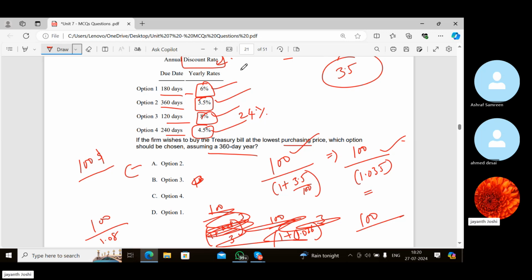The discounting should happen only for 180 days. I'm trying to calculate in a different way.